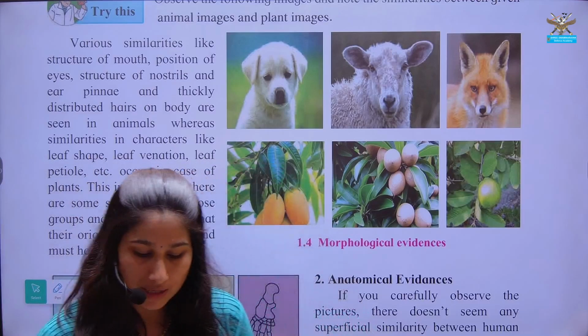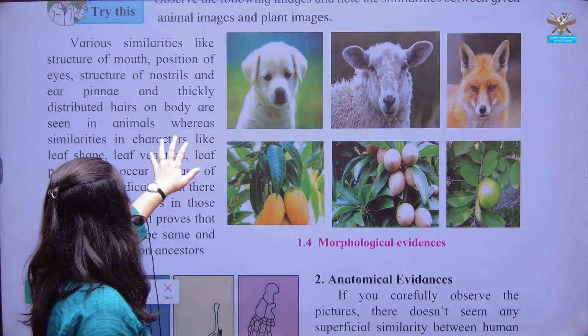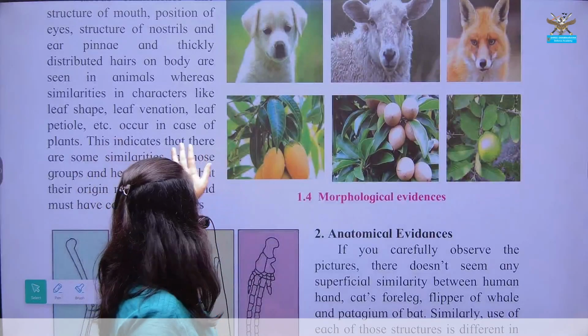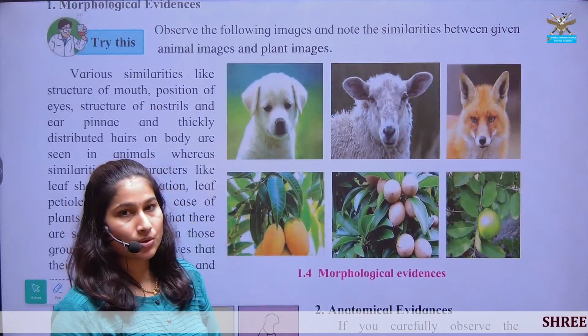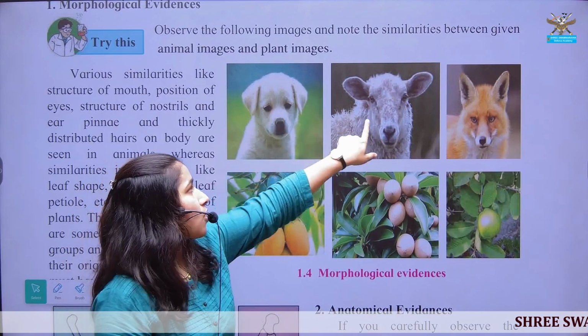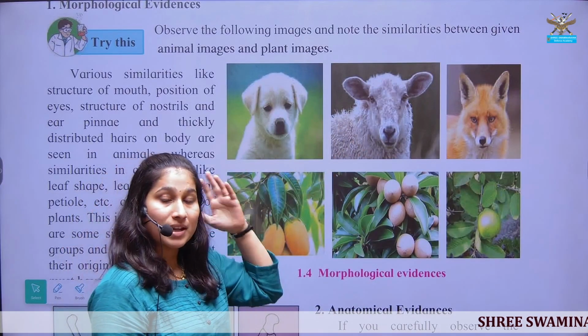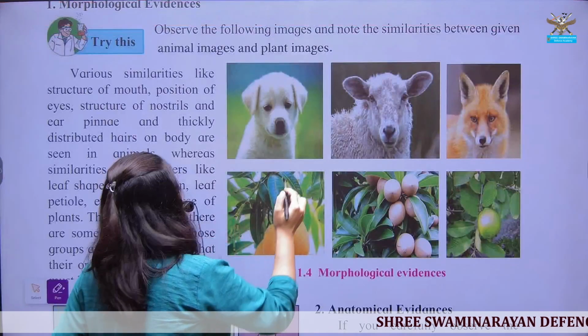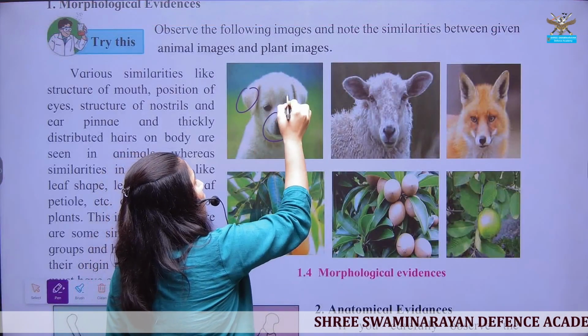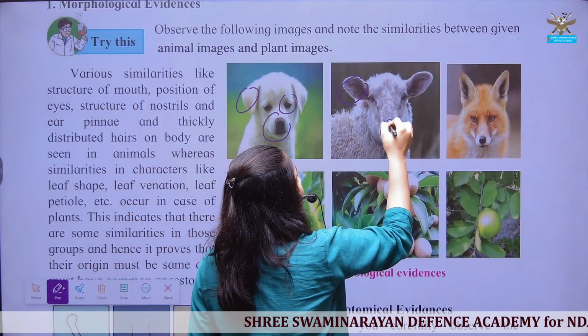Before that, just observe these plants and animals. What differences and similarities can you see? The placement of eyes, nose and mouth, the presence of ear pinna, right? These are some characters that are morphologically similar in each and every organism.